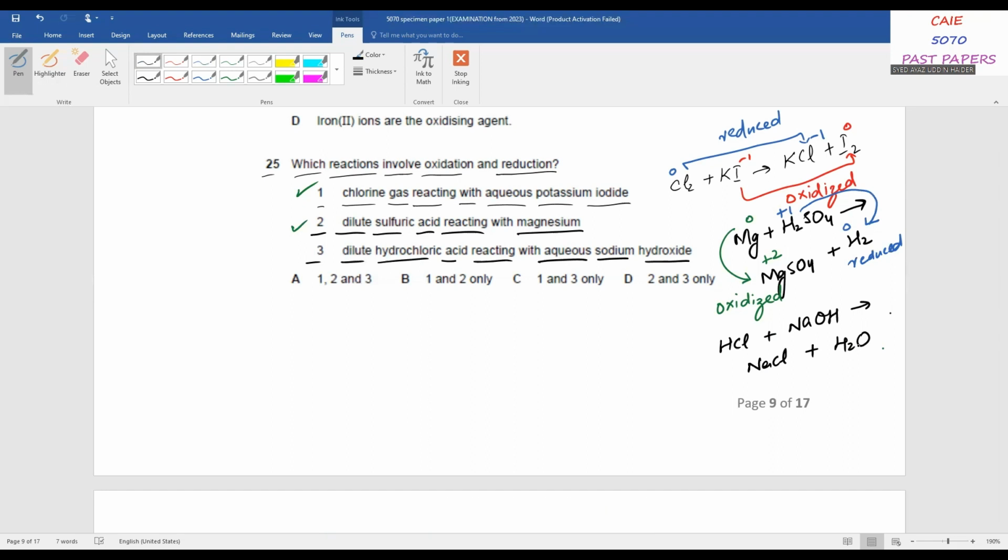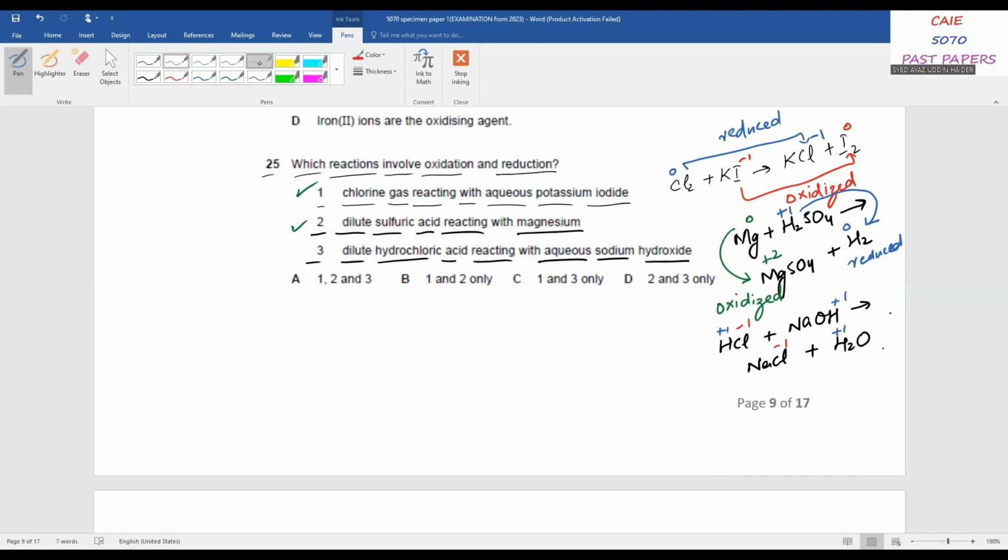For your convenience, I am writing the oxidation number of each element in this reaction. Hydrogen is +1. Here is also +1. On the product side, again it's +1 because it is attached to oxygen. Chlorine is -1, product side is -1.